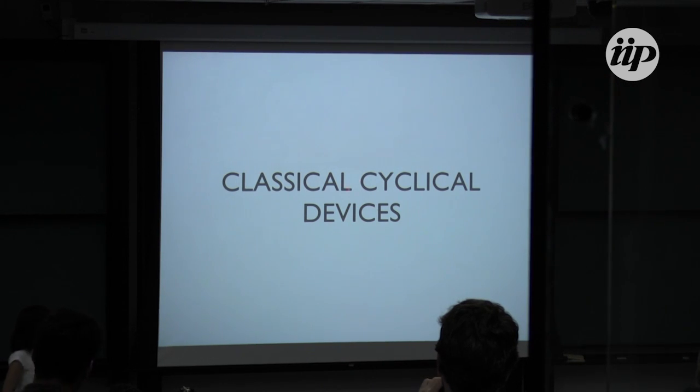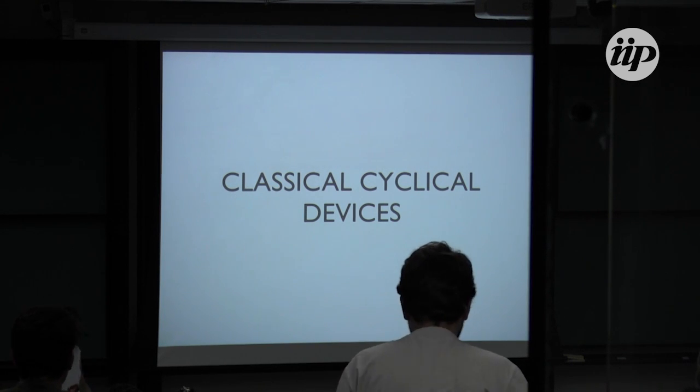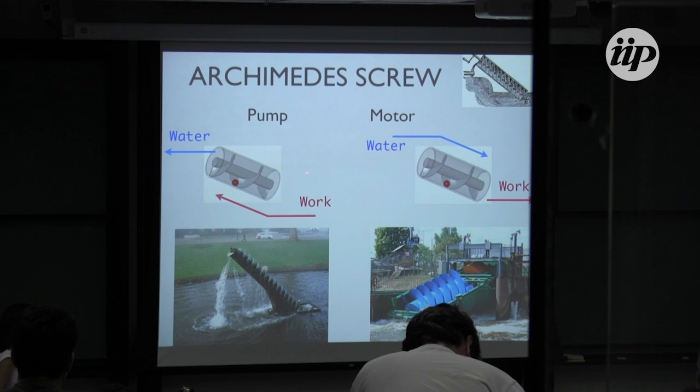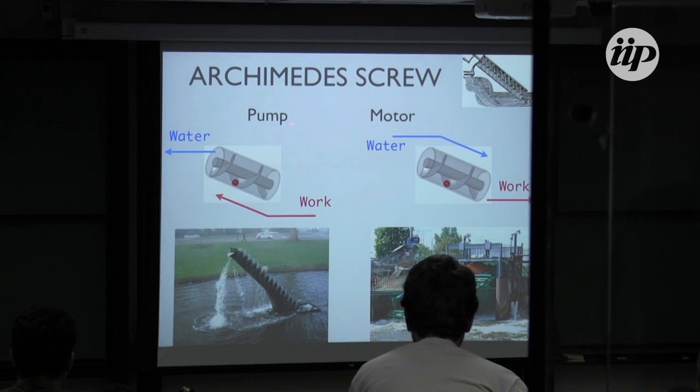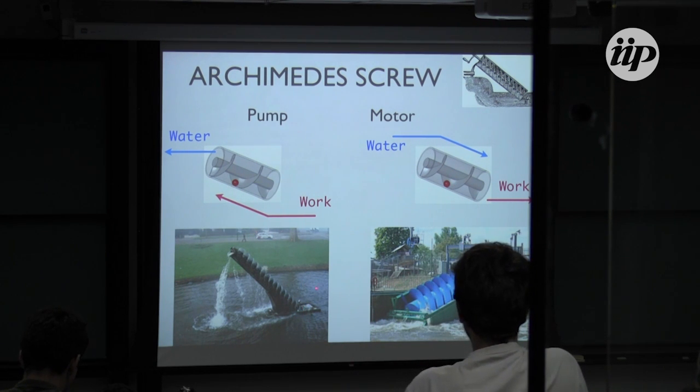In order to make it clearer, I'm going to show you some classical cyclical devices which I'm going to explore afterwards with electrons. The first classical device is this Archimedes screw, which can be used to pump water against gravity if we invest some work in order to put this screw inside the pipe into movement.